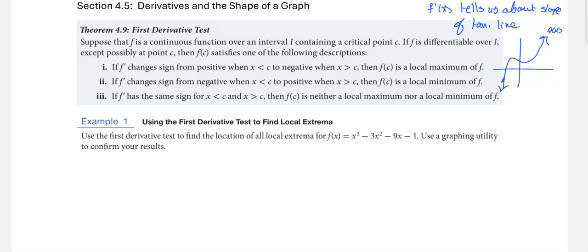So if I look at slopes of tangent lines over here on this side of the graph, you can see how all of those are going to have a positive slope. So if that slope is positive, which means it's greater than 0, that indicates the function is increasing.